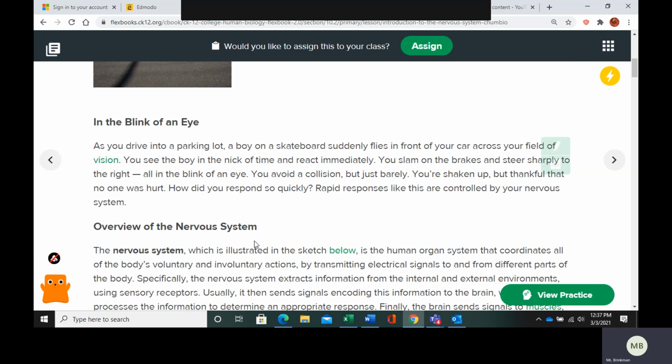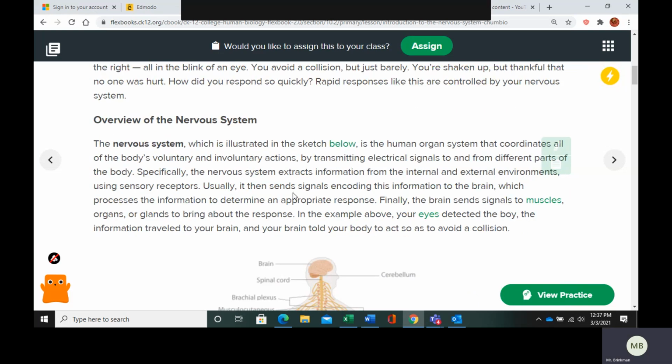Your nervous system is the organ system that coordinates all of these reactions, all of your body's voluntary actions and all of your body's involuntary actions. It does this by transmitting electrical signals to and from different parts of the body.